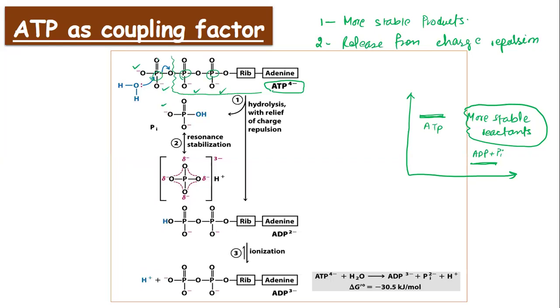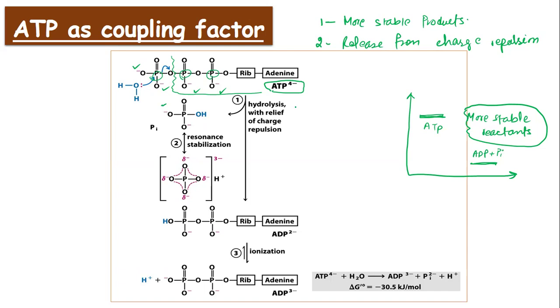So after the breakage of this bond, in response to the nucleophile, ATP 4 minus will be converted into ADP 2 minus because two of the negative charges have been released. So we can say that hydrolysis of ATP will relieve it from the charge repulsion. So again, ATP will preferably break its bond in response to a nucleophile because it wants to get relief from charge repulsion, which is not a favorable thing.